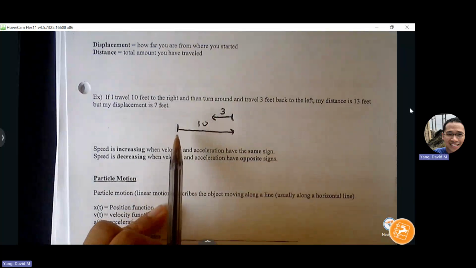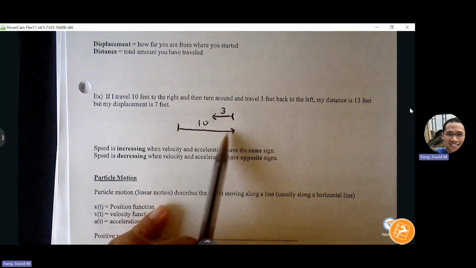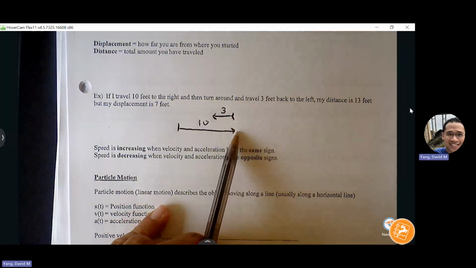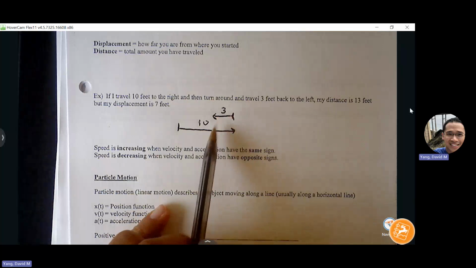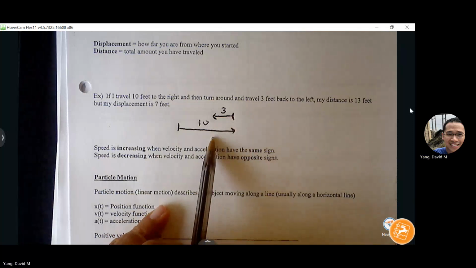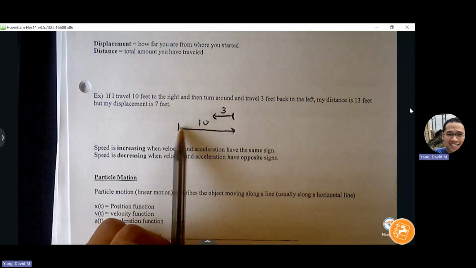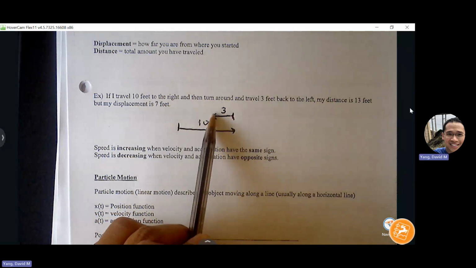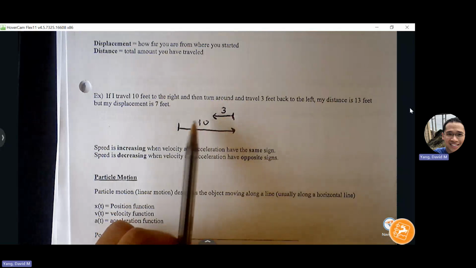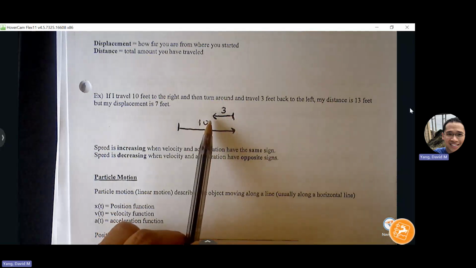Because I've traveled 10 and traveled 3. So basically, you count your steps. If I walk 10 steps and then I walk another 3 steps, in total, I walked 13 steps. But my displacement is only 7 because if I compare where I started with where I ended up, I'm only 7 feet away from where I started.